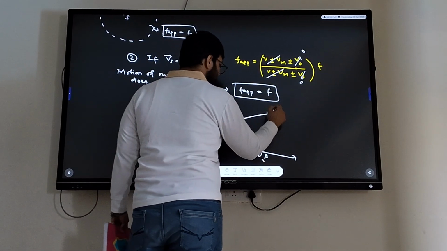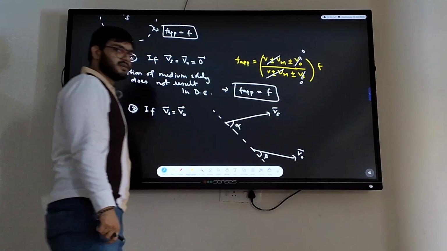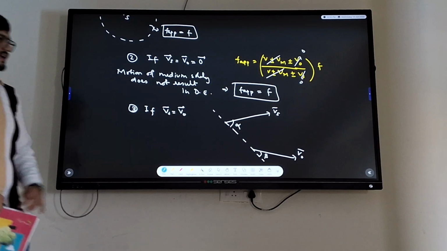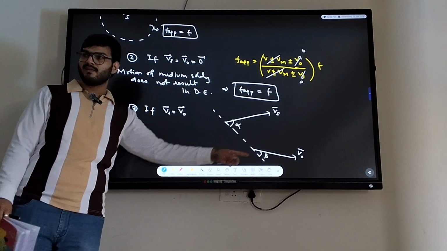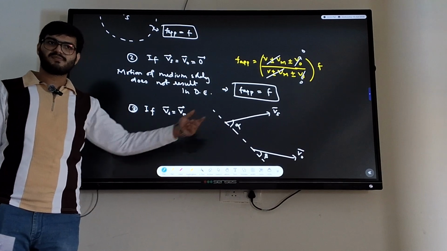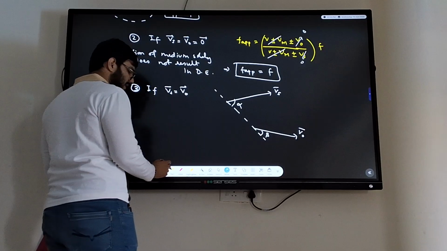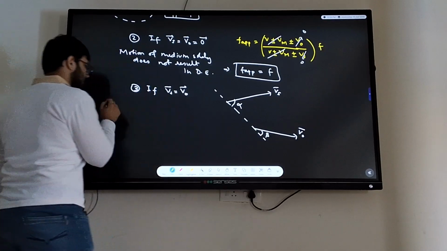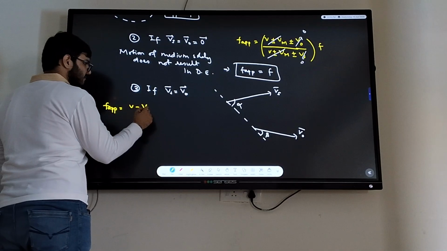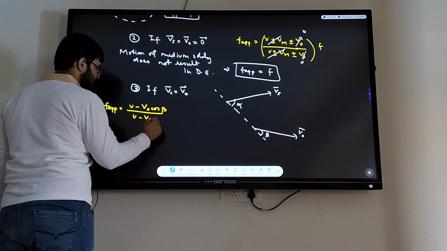Okay, when are two vectors said to be equal? Magnitude and direction have to be equal. That means the angle that you are making with this line has to be equal. Alpha equal to beta. And what about the speeds? They are also equal. So in the formula that I wrote earlier, F apparent was equal to V minus Vo cos beta over V minus Vs cos alpha.